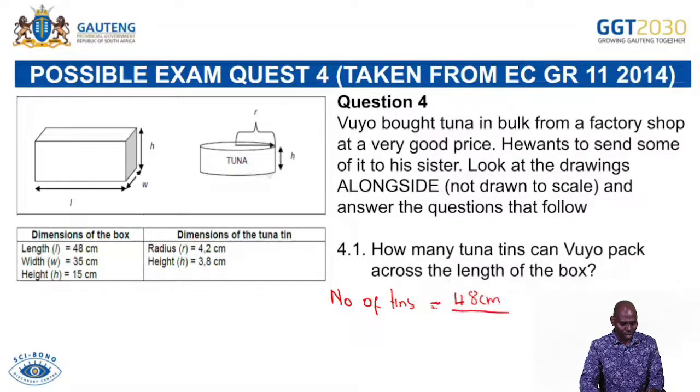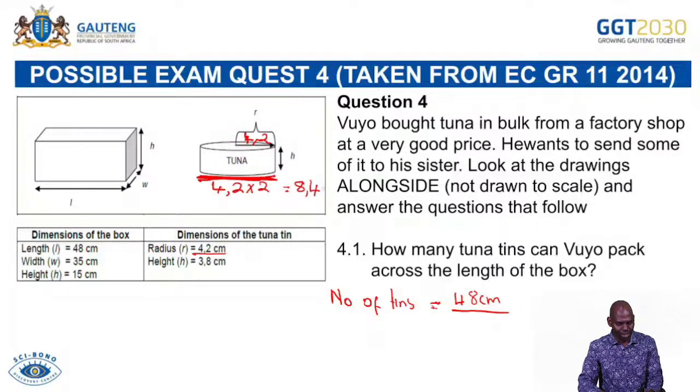The only dimension given there is the radius, 4.2, but obviously we don't need 4.2. We need the whole width, the diameter. So this must be 4.2 times 2, which gives us 8.4.